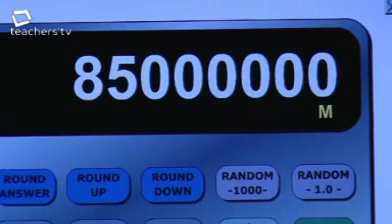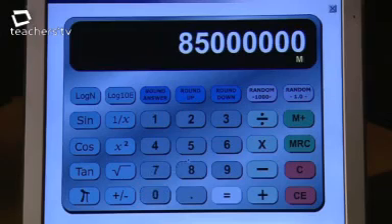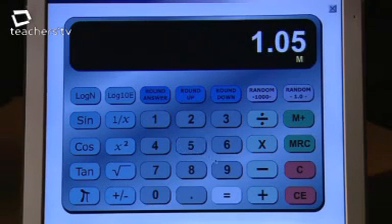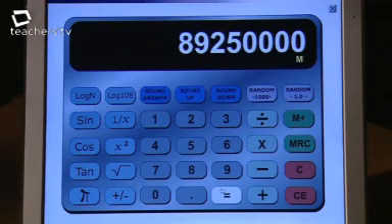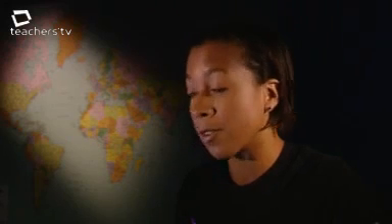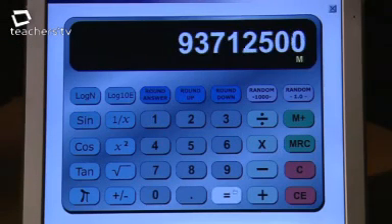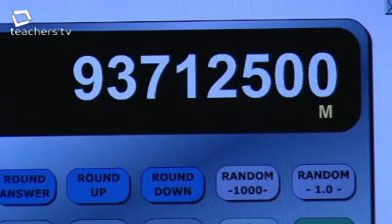After 1 year, 85 million multiplied by 1.05 gives a total of 89,250,000. To find the figure after 2 years, multiply this number by 1.05, which gives a new total of 93,712,500.